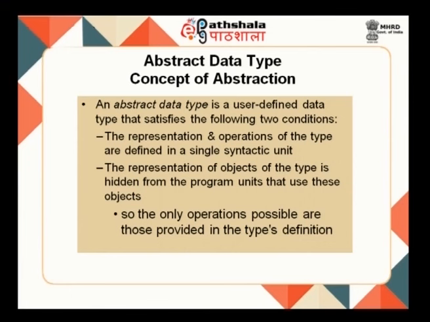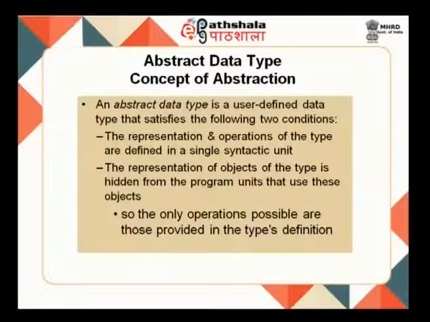So, the abstract data type is a user defined type that satisfies the following conditions. When do you call a data type an abstract data type? The representations and operations that are associated with that particular type are defined in a single syntactic unit, that is, the operations as well as the representation are all available in a single syntactic unit.